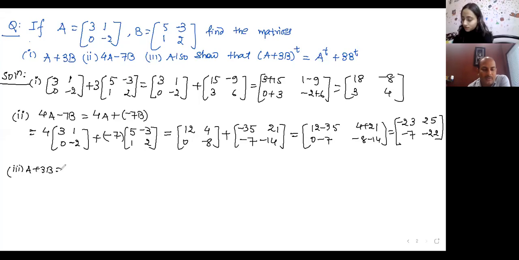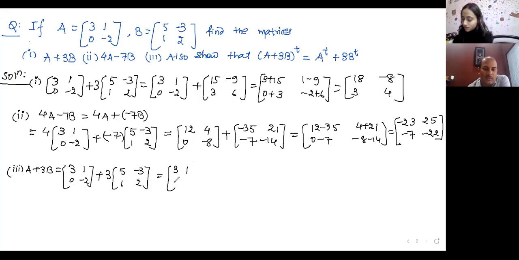A plus 3B, which is equal to 3 1 0 minus 2 plus 3 times 5 minus 3 1 2, which is equal to how much?